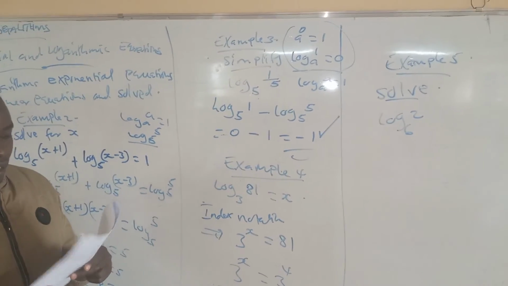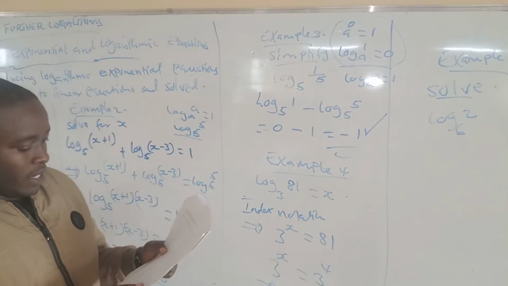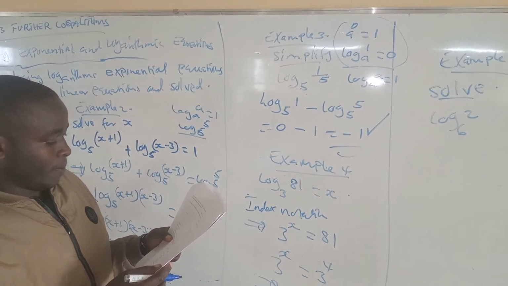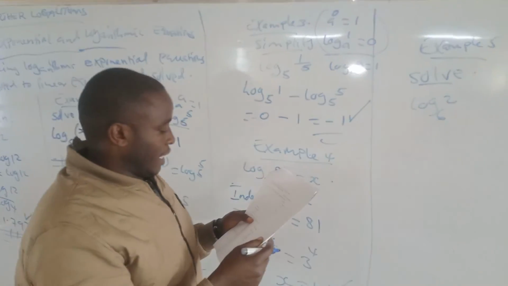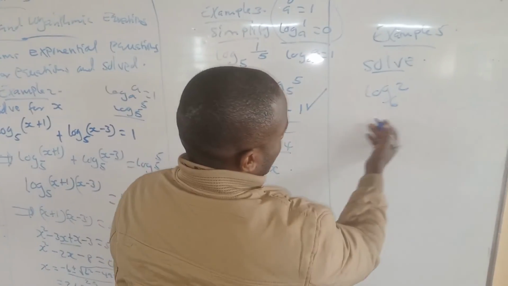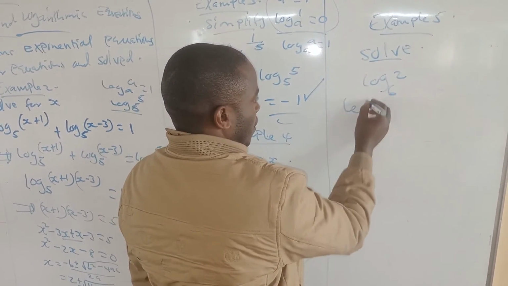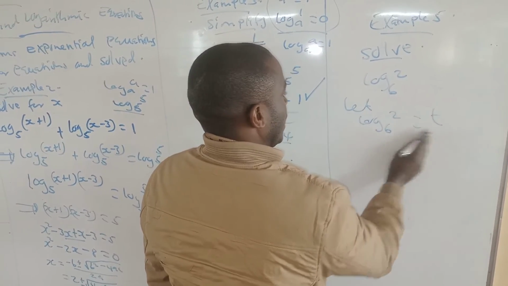Just that. The first thing we do here is to introduce a letter so that we have an equal sign. We let log base 6 of 2 be equal to t.